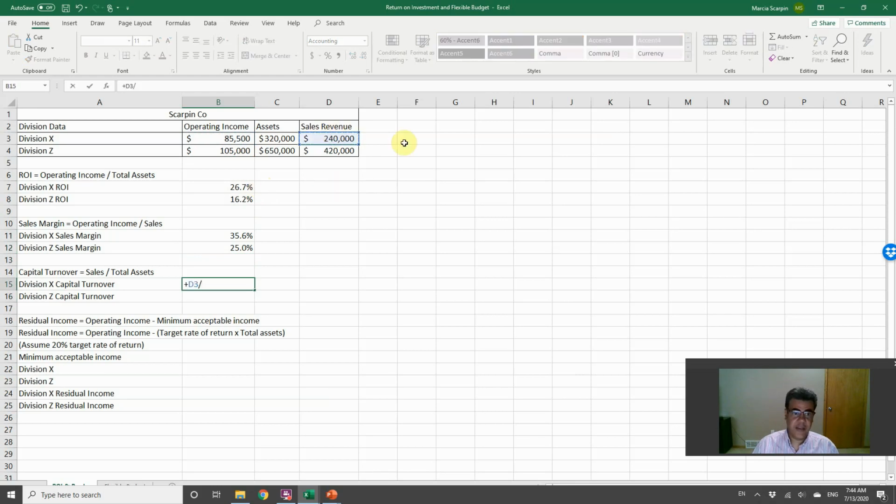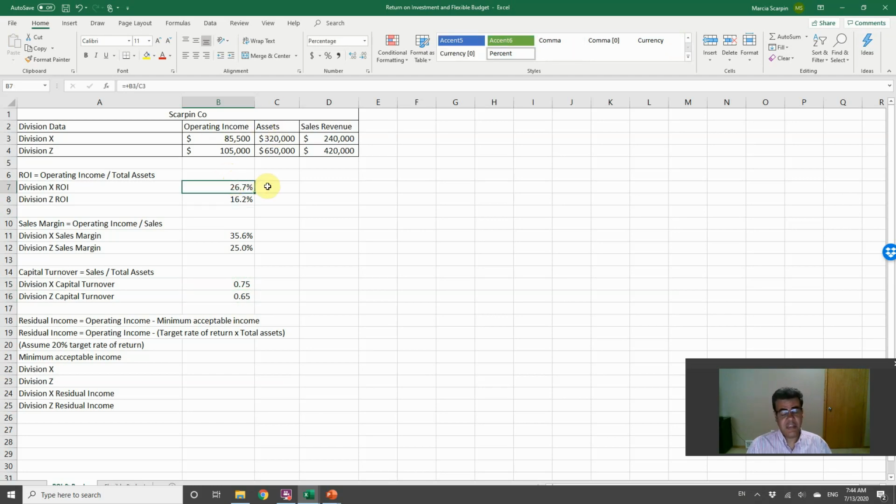Sales divided by assets. 0.75 for Division X, 0.65 for Division Z. So in this return on investment, Division X is much better on sales margin and capital turnover. So much better than Division Z.